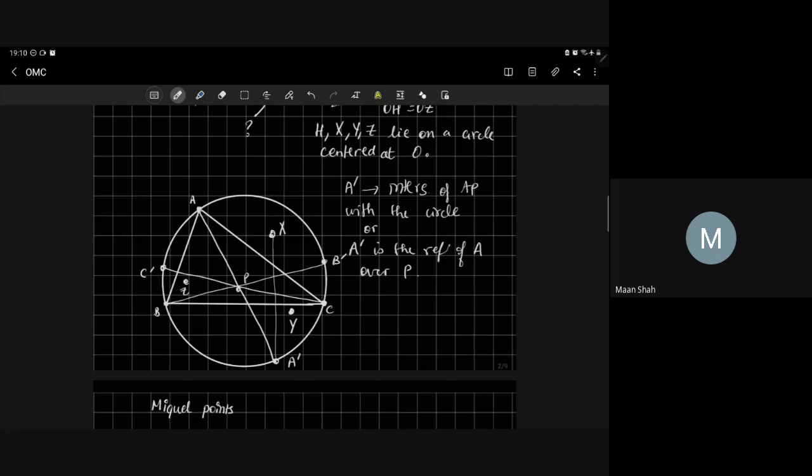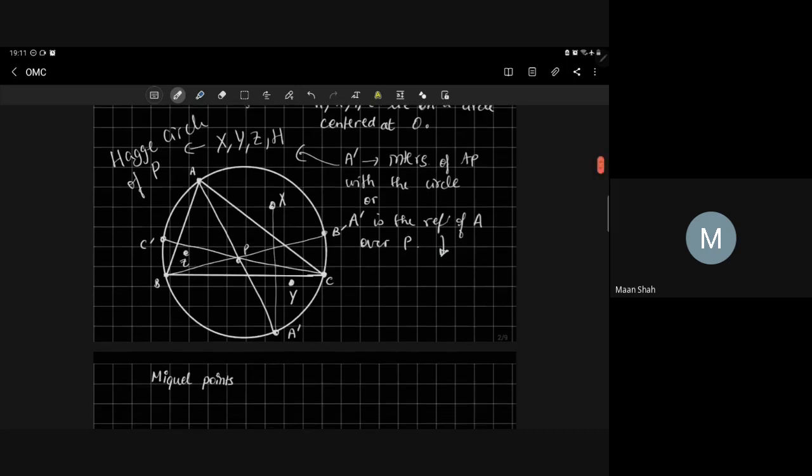In the circumcircle case, it turns out that X, Y, Z, H are concyclic. This is called the Hagge circle of P. I'm not going to deal with this one in this lecture, so we'll generalize it in this part.